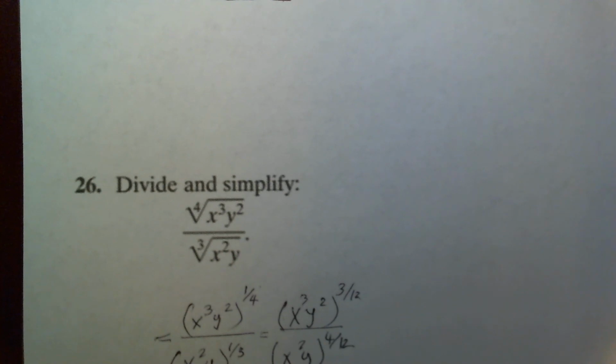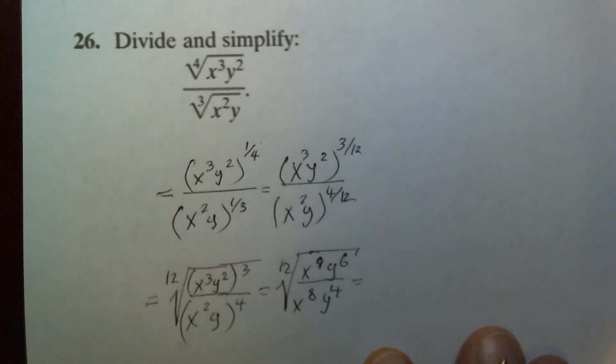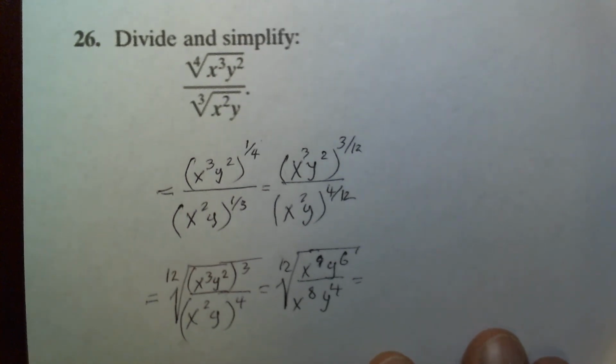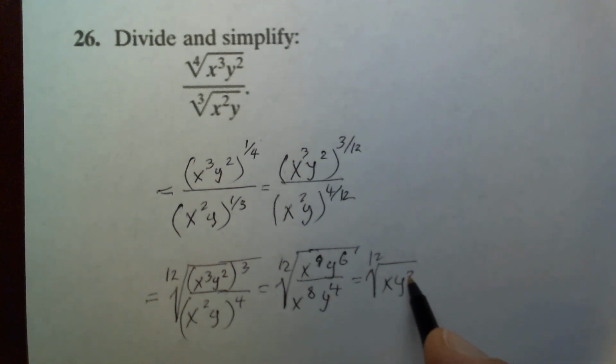So now we can divide the expression under the radical sign, the radicand. We can simplify that. So we have the 12th root of x to the 9th divided by x to the 8th is x, and y to the 6th divided by y to the 4th is y squared.